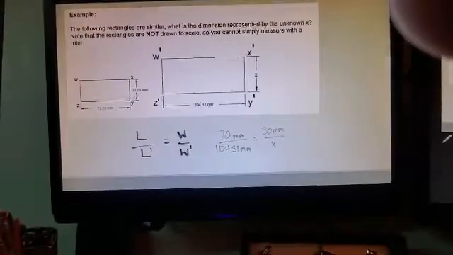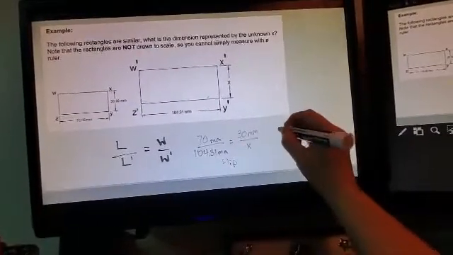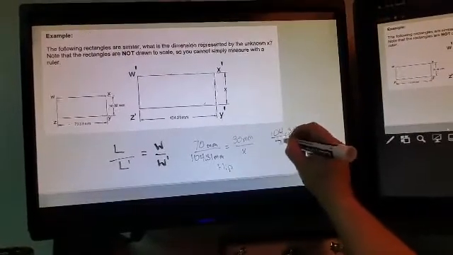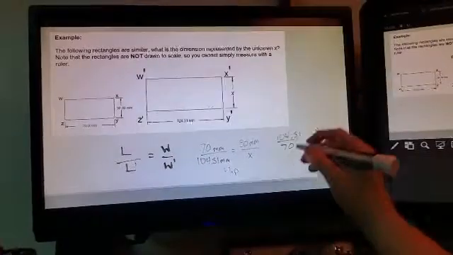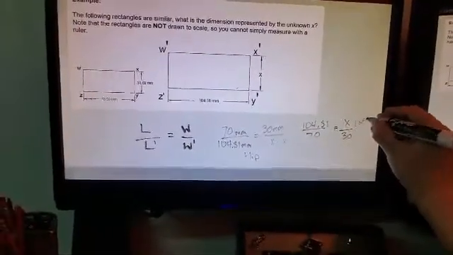So again, we've got a proportional problem, so let's flip it. So it's going to be 104.31 over 70 equals x over 30. So now we're going to multiply both sides by 30.